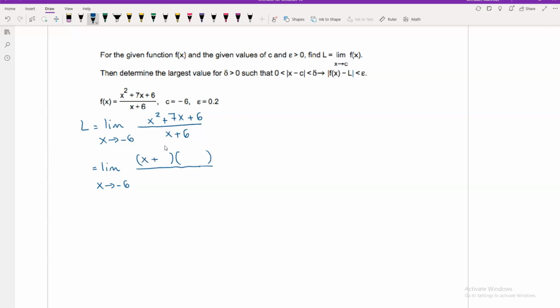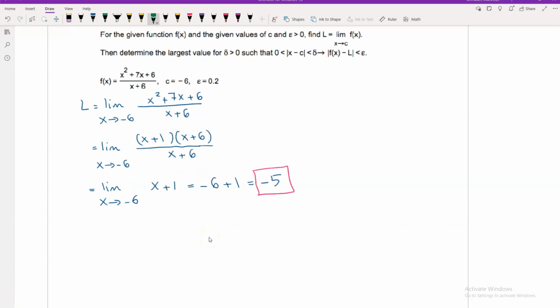So we have x plus 1 times x plus 6 divided by x plus 6. We can cancel x plus 6 from numerator denominator. So what's left? Limit of x plus 1 as x approaches -6. That is -6 plus 1 equal to -5.